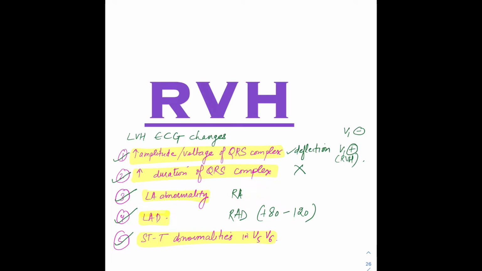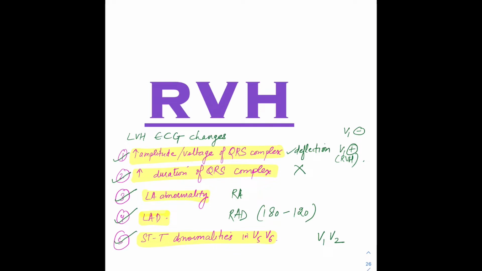And coming on to the last thing, that is ST and T wave abnormalities. We do have ST and T wave abnormalities in right ventricular hypertrophy, but the leads in which we are going to see this change are V1 and V2.